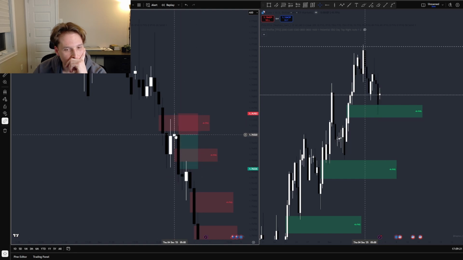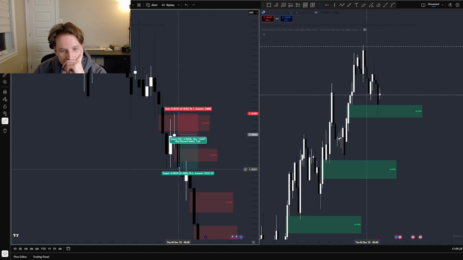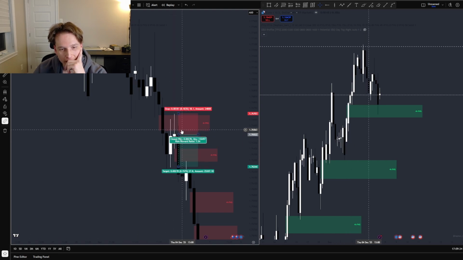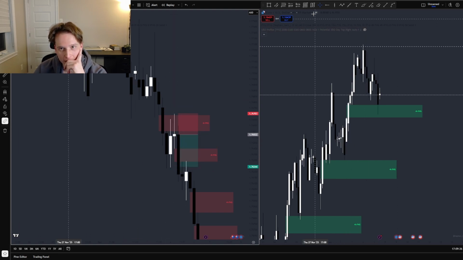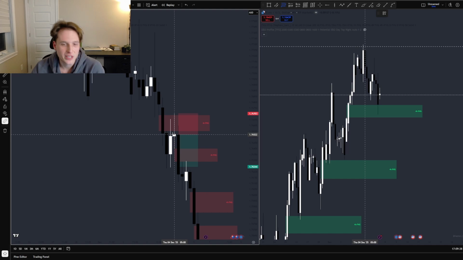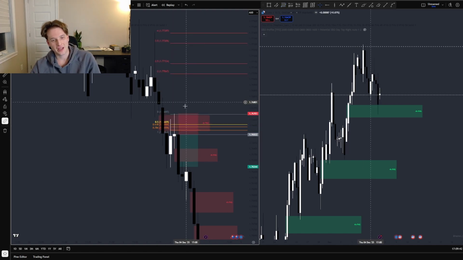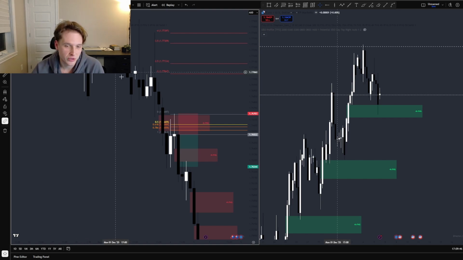So when I entered the trade here, I actually put my order higher because this was not great RR. So I targeted this first of all, and I also entered a little higher up here, right? What I like to do is put equilibrium of the wick, and then when price starts coming close to it, I drop down some time frames and I look at what's going on and I enter.